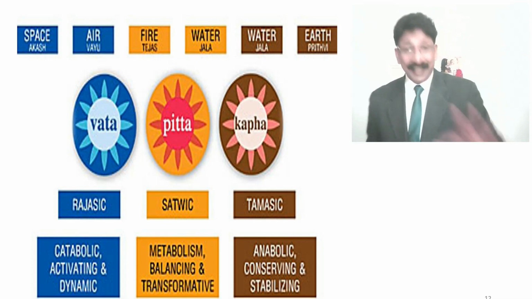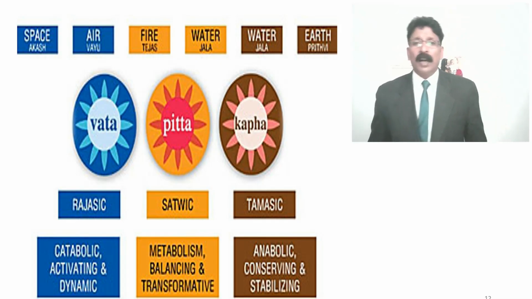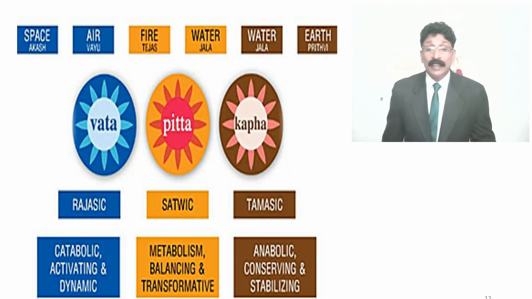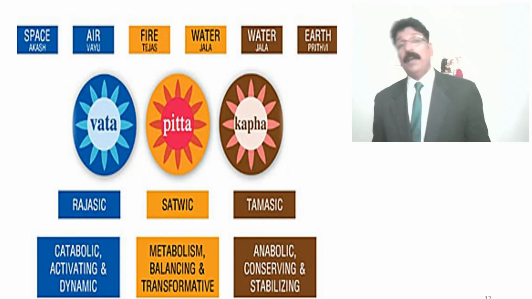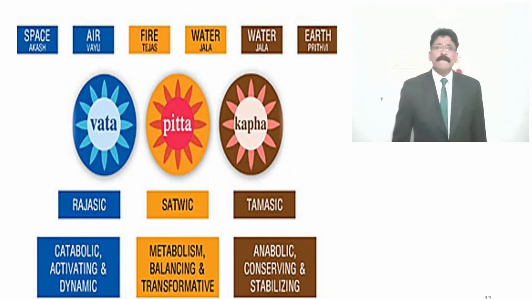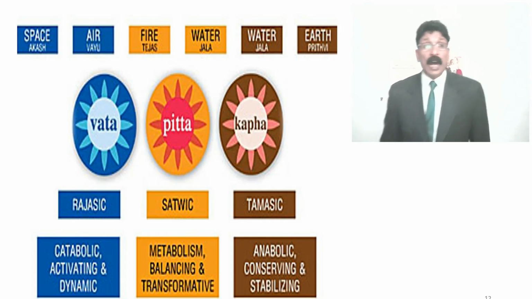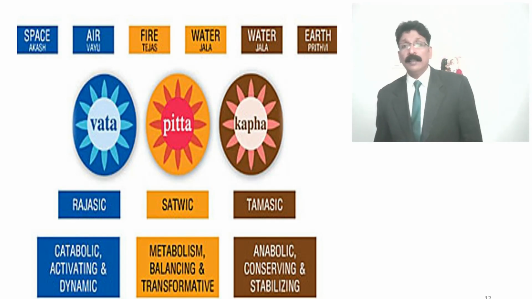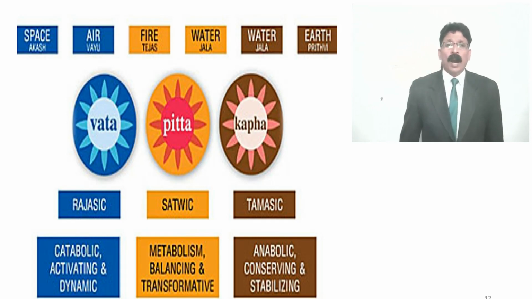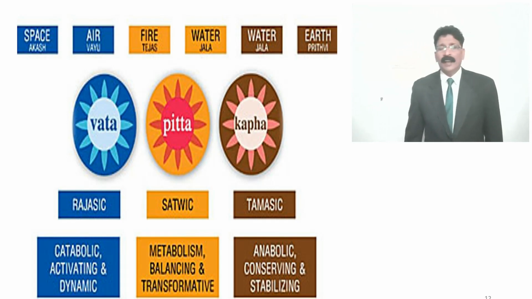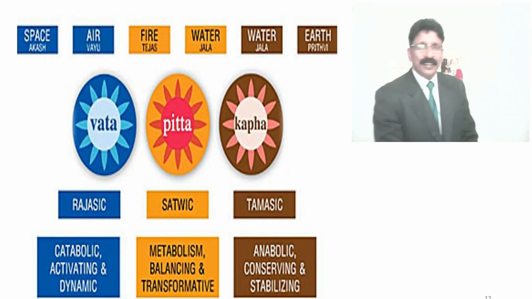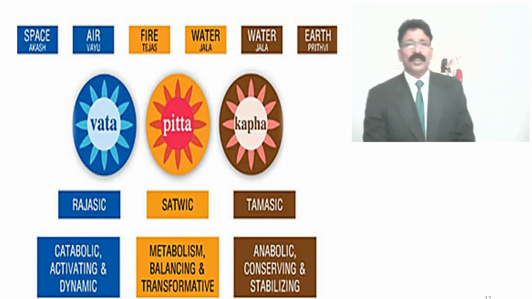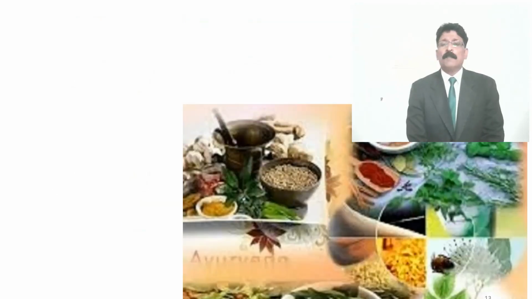Water and earth again coming, Kapha, smoothness, tamasic, anabolic, conserving, stabilizing. So you should know that Mahapanchabhutas are space, air, fire, water, earth; tridosas are Vata, Pitta, Kapha; and the forces and sources are rajas, sattva and tamas. So these are the basic principles of Ayurveda.